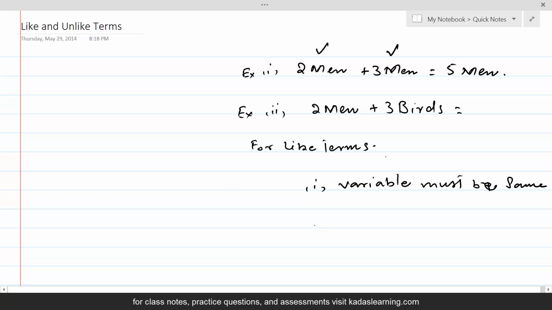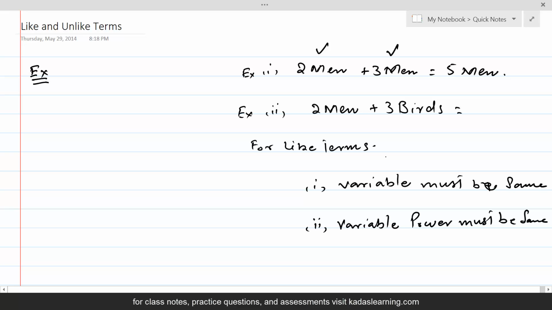And number 2, power of the variables must be same as well. Variable power must be same. So this is the rule. Let's do a few questions, and with the help of these questions, I am sure you'll be able to understand which terms are like and which are unlike terms.